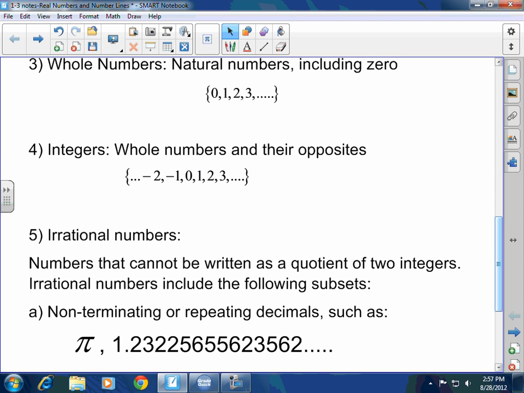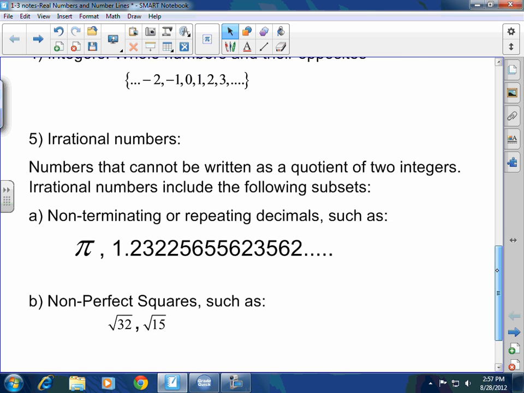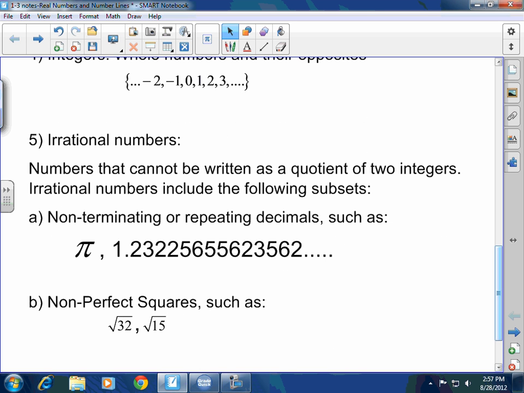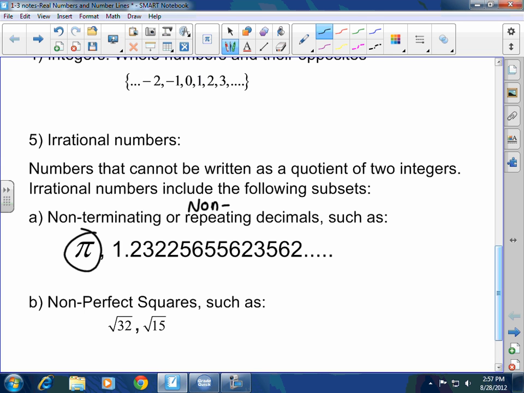Irrational numbers include the following subsets: non-terminating and non-repeating decimals. For example, pi. Pi goes on forever. This number here, 1.232256556235662, is not repeating and not terminating, so that is irrational.